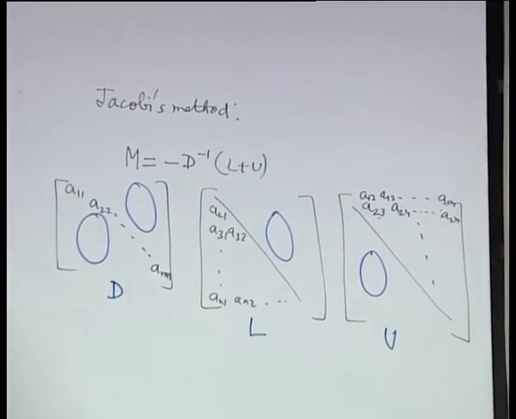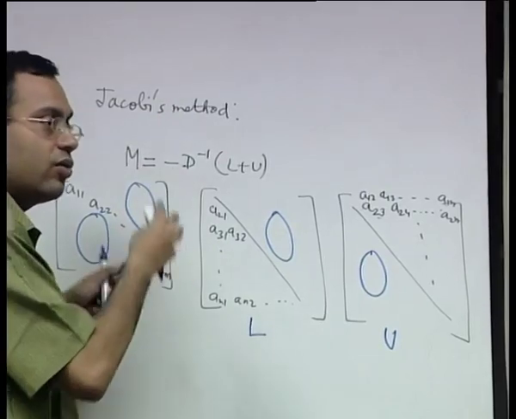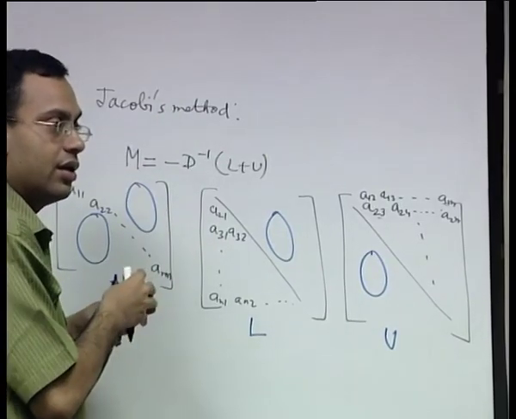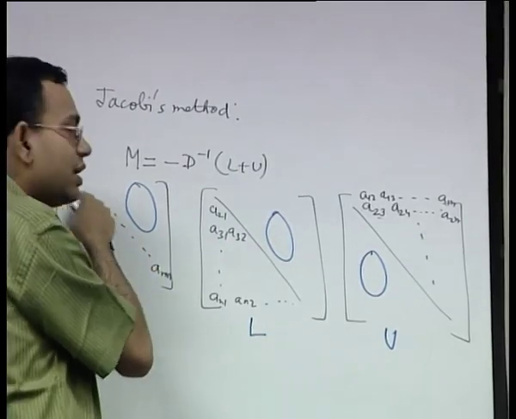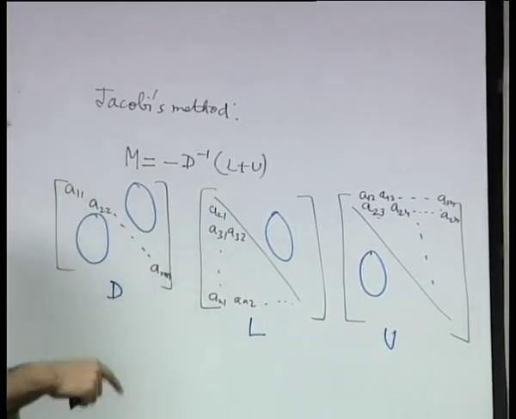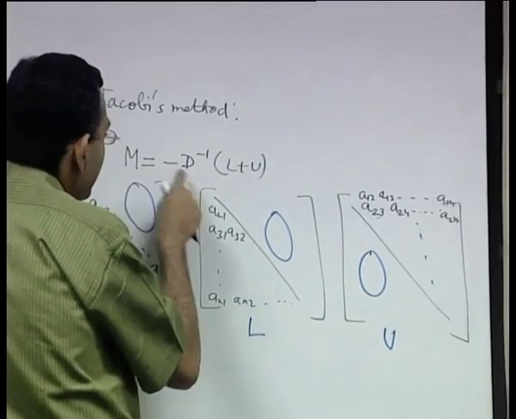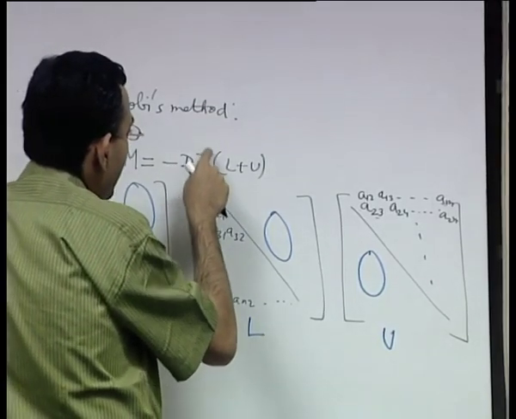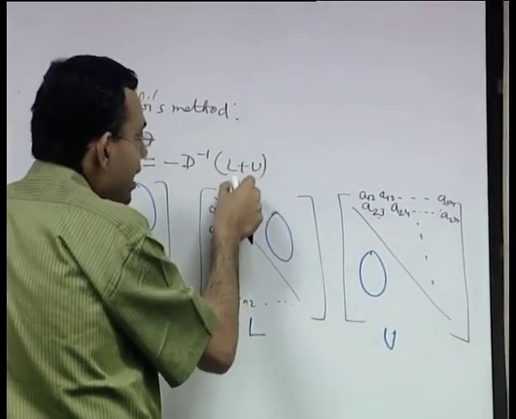For a matrix with more entries, it is systematically calculated in a more general way, but the diagonal matrix is a special type of matrix where only the diagonal terms are there. So, you can write this as L plus U, meaning the sum of the off diagonal terms, divided by the diagonal term.